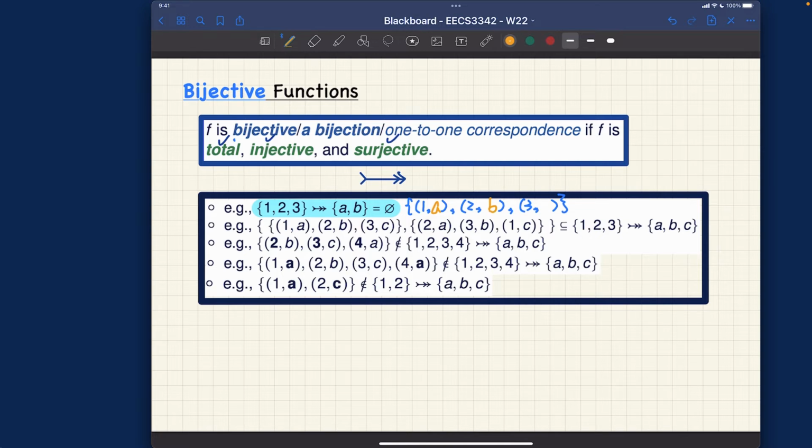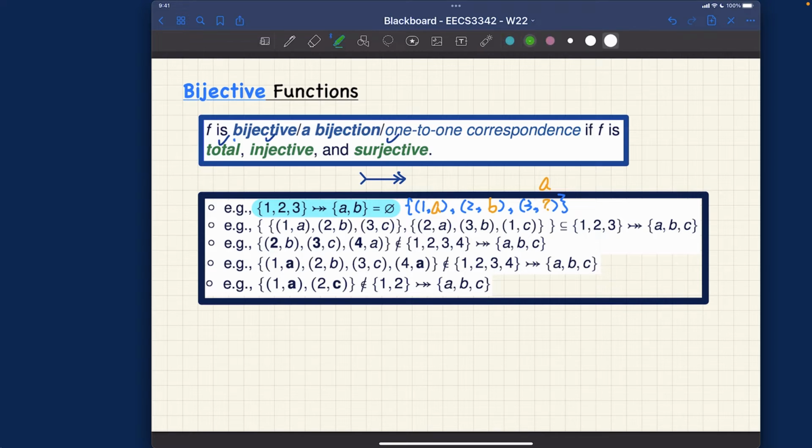But what about this third element? It doesn't matter if you put A or B. If I put A, for example, in that case, you got 2 domain values being mapped to the same range value. So that will make it not injective. So it's not possible to build a bijection from these 2 sets. Very important for you to see why. Hopefully that helps.